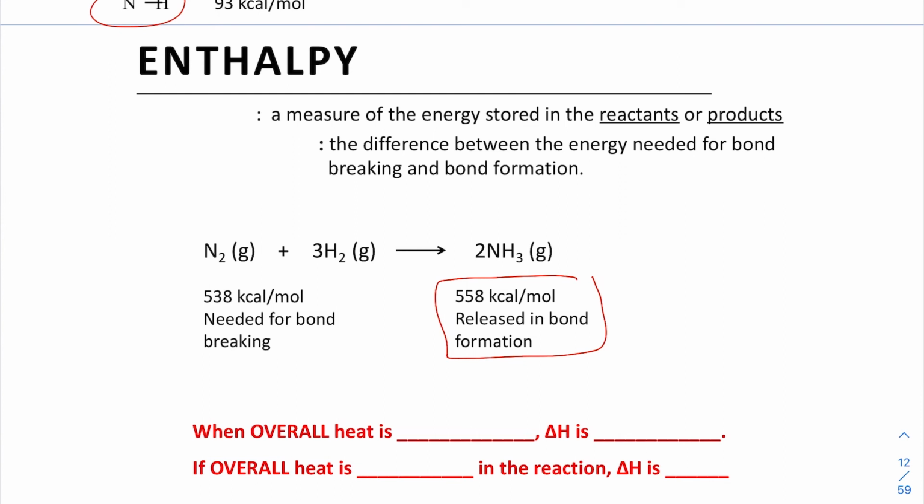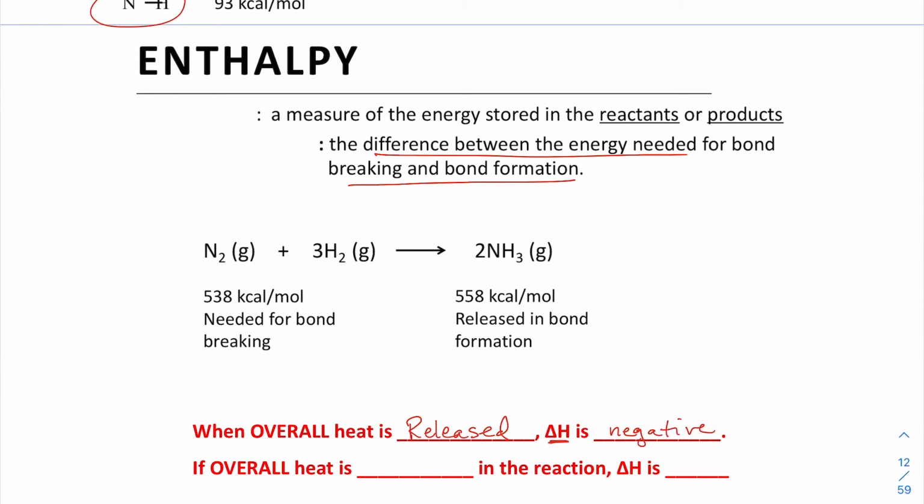Okay? And now I'm going to fill in these blanks at the bottom. When overall heat is released, delta H, which you guys remember is the difference between the energy needed for bond breaking and bond formation, is going to be negative.